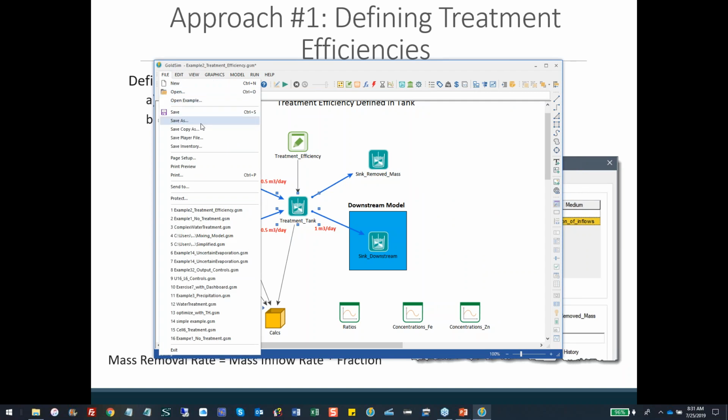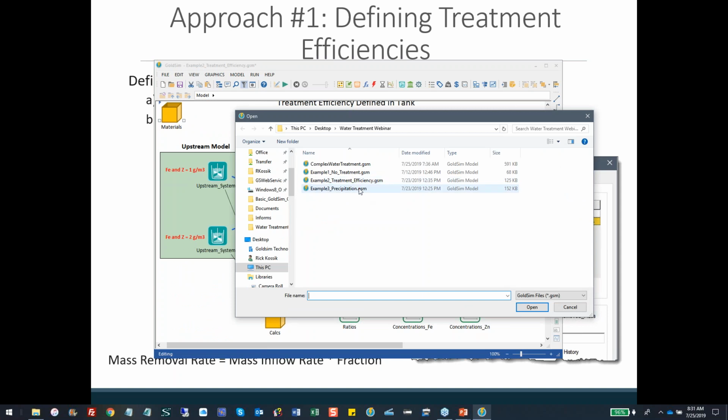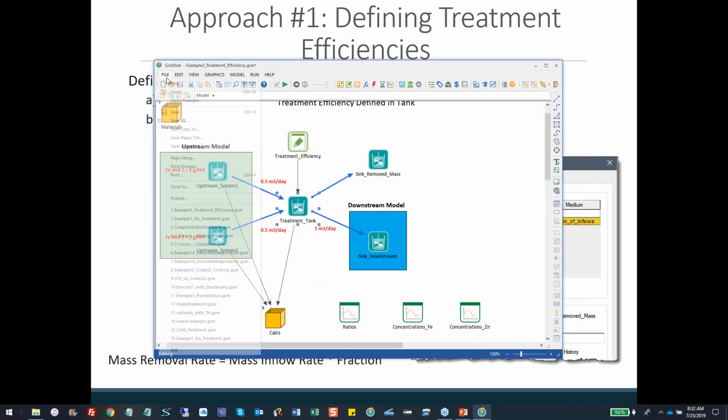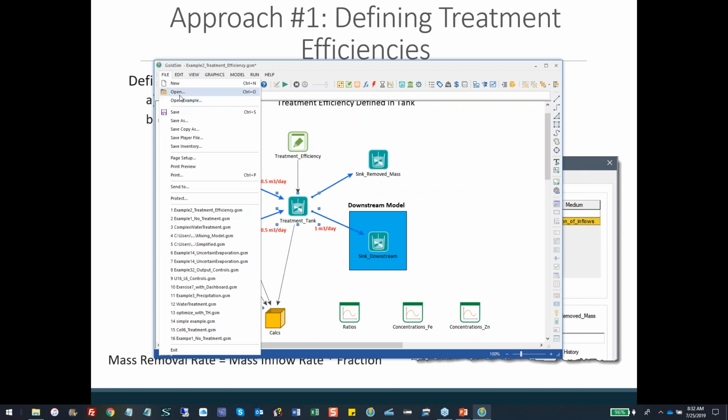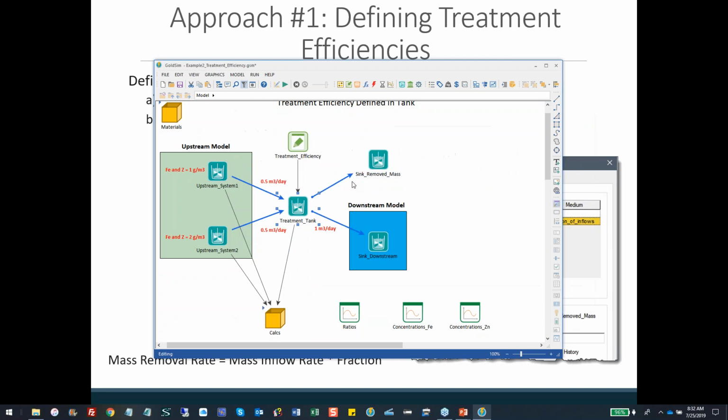Okay, let me just go back. If we now run this model, let's look at the concentration of iron and zinc.